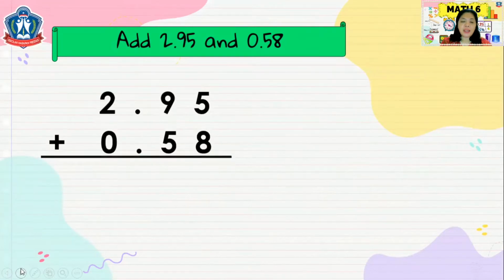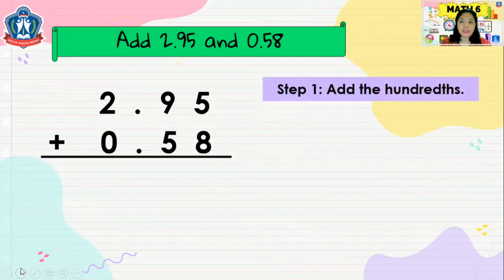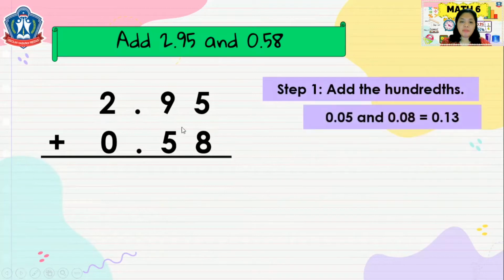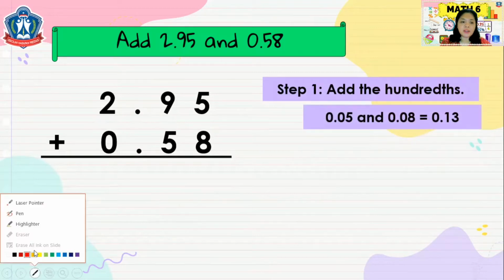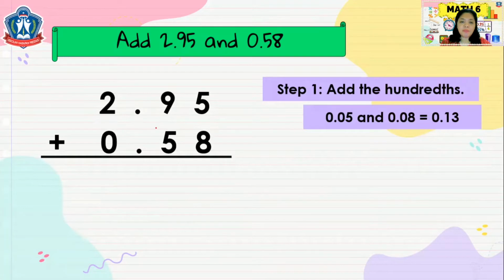So take a look, we align the numbers. So when we add, we will add first the smallest place value, and that is the hundredths. So let's add 0.05 plus 0.08, and that is equal to 0.13. So let's put the 3 here, or 0.03, and let's rename the 0.1. So after that, let's add the tenths.